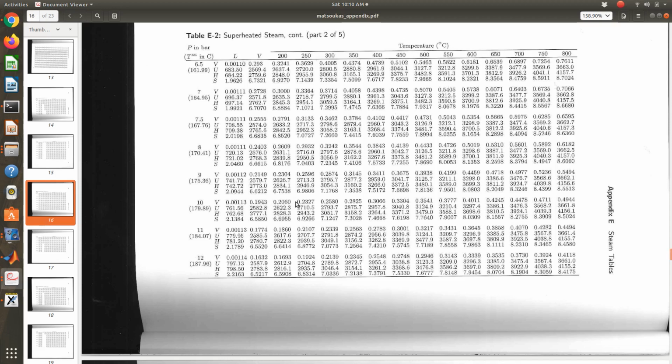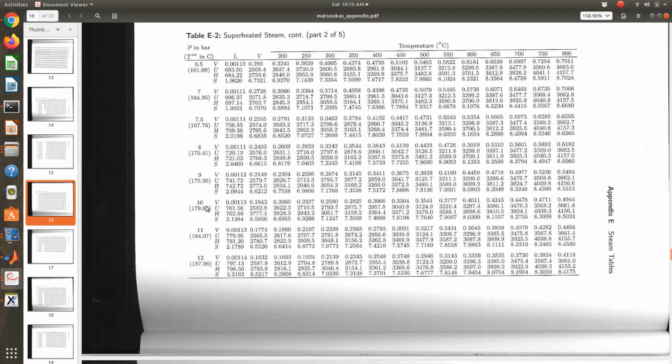So what I'm doing now is reading across in temperatures until I find our value. It looks like our value is between these two points, 600 and 650 degrees C. So we can interpolate and solve for the temperature. At the same time, let's solve for U, and then we can solve the next two problems at the same time.